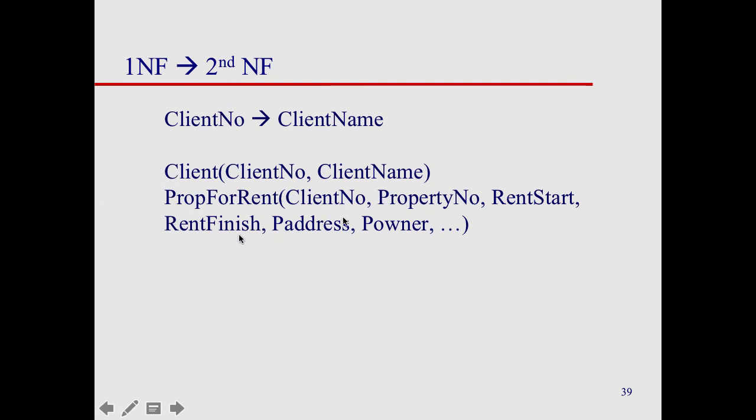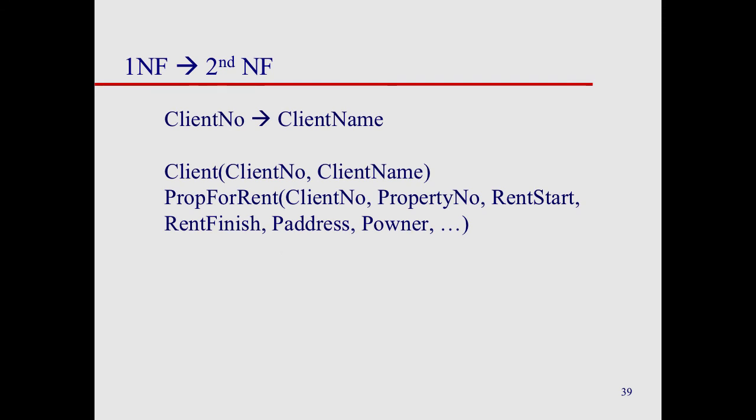This property for rent was in second normal form. But based on the candidate key criterion, it's not in second normal form. And the reason is that another potential candidate key is client number and property number. And based on that, property address, property owner are not fully functionally dependent on that candidate key.